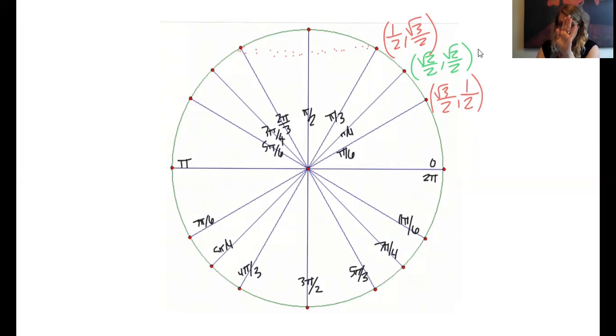It used to be a positive half, but now it is negative half because it flipped over. So this is negative half, but the height stays the same. And you'll notice that this actually happens with all of the angles. You can go across. My x is going to be negative, but my y is going to be positive.